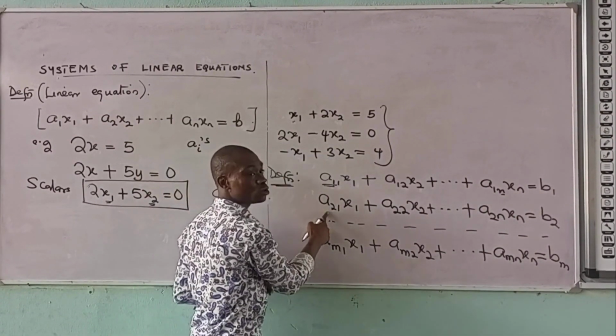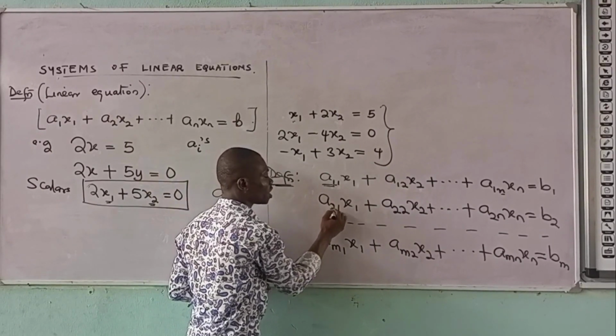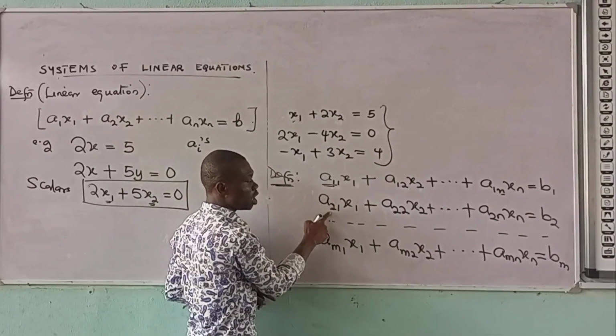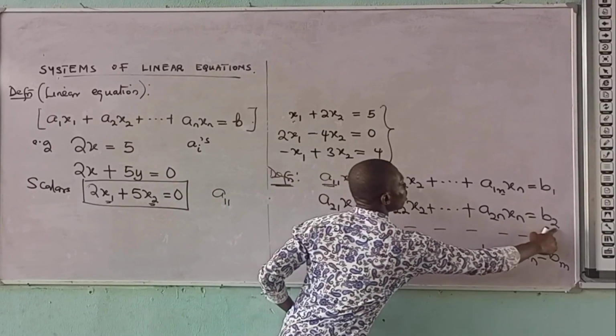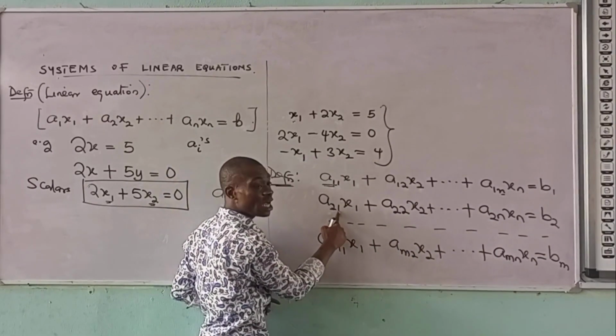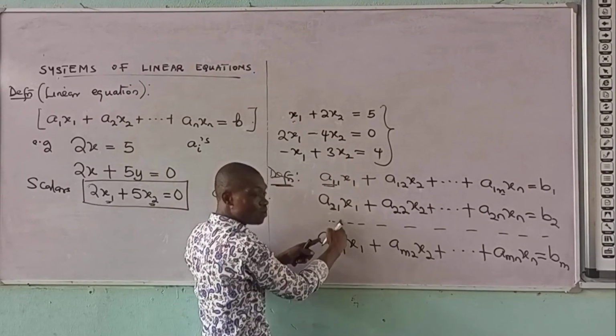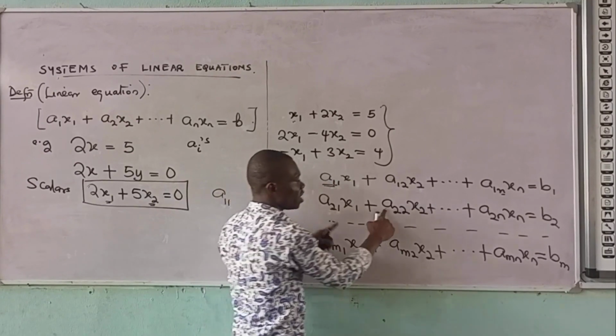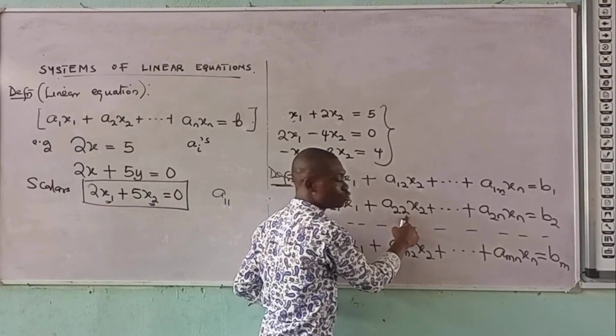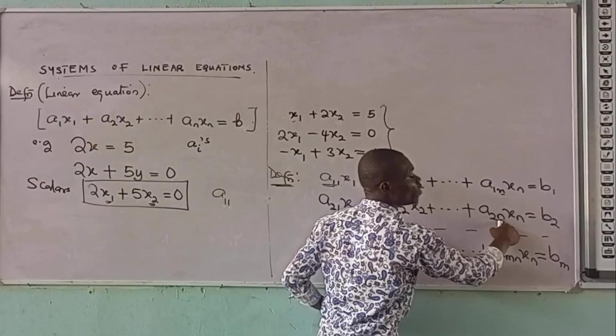Now look at equation 2. The 2 here is talking about the position of the equation, so you can see the first subscript here is 2 all through, while the second one is talking about the variable. So this is the a of equation 2, variable 1, a of equation 2, variable 2, a of equation 2, variable n.